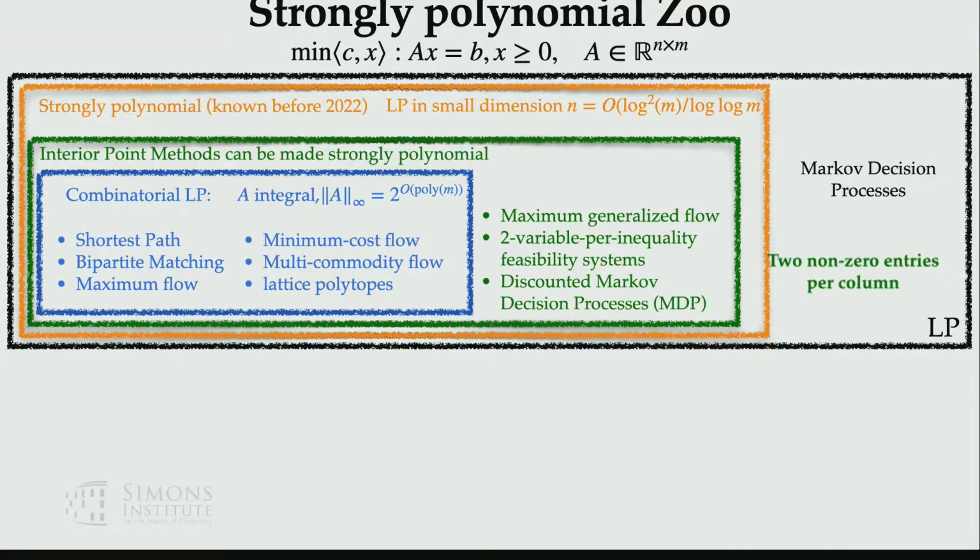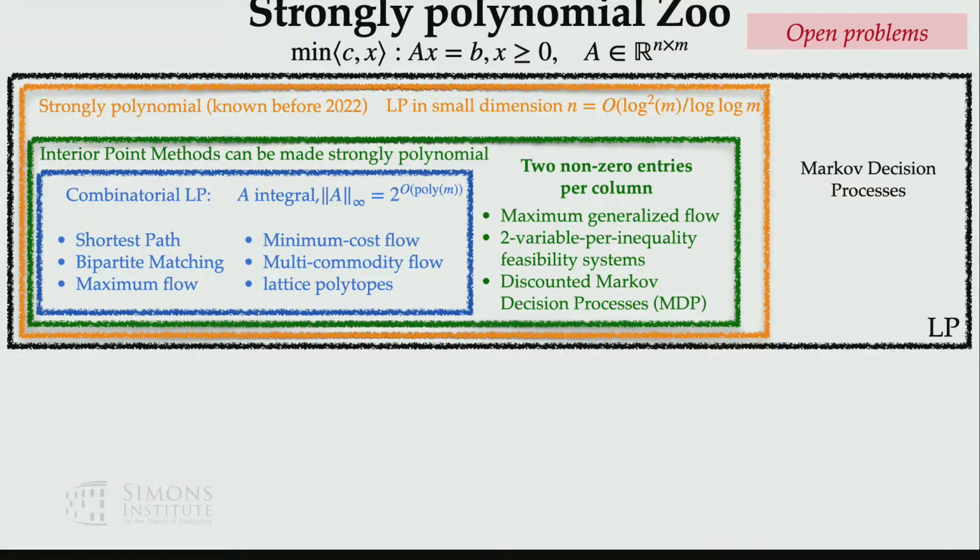And now I can move this to the class that is solvable, which brings me immediately to the open problems that are still there in the area, and that is, of course, can you solve MDP in strongly polynomial time? And beyond that, I would be interested in the following problems.